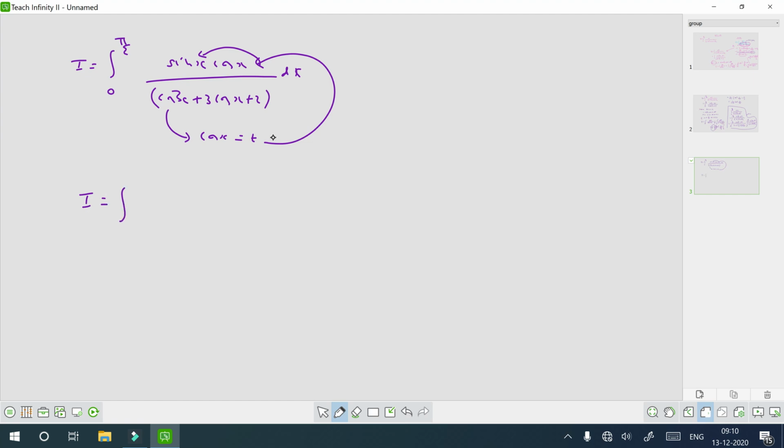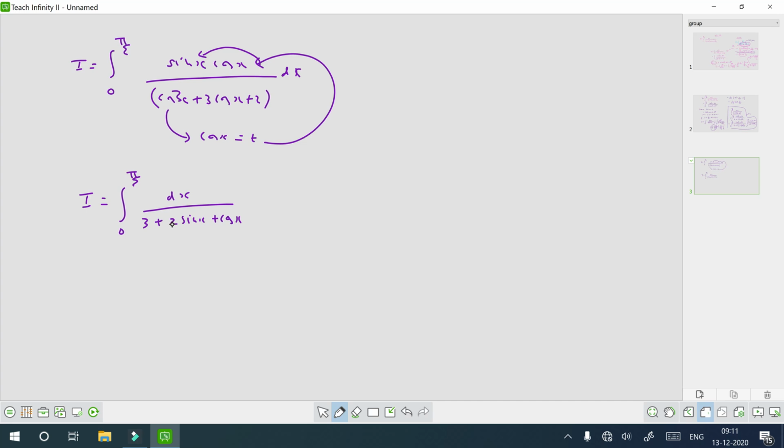Now integral 0 to pi by 2 dx over 3 plus 2 sin x plus cos x.